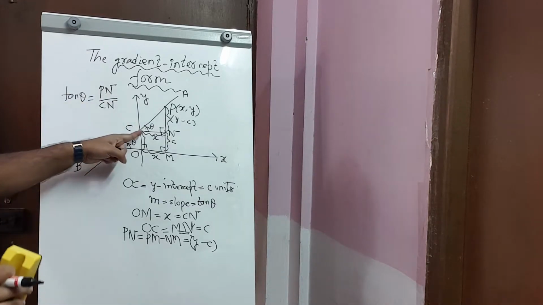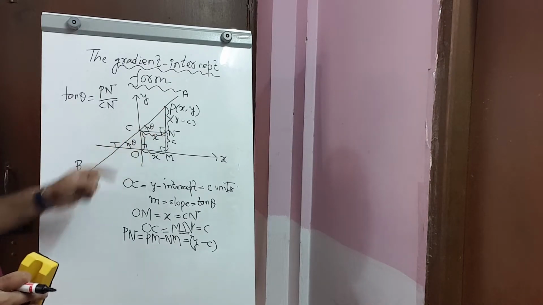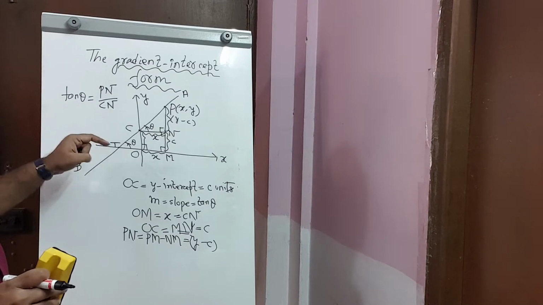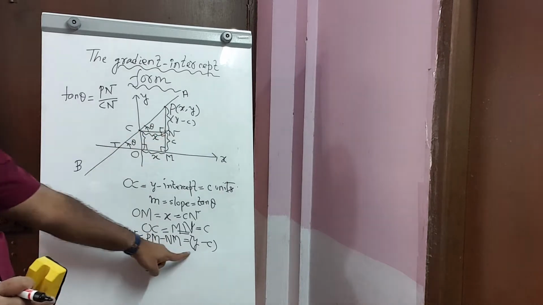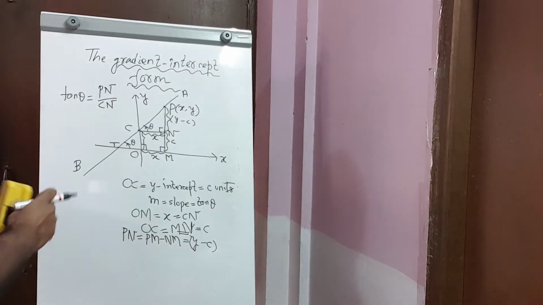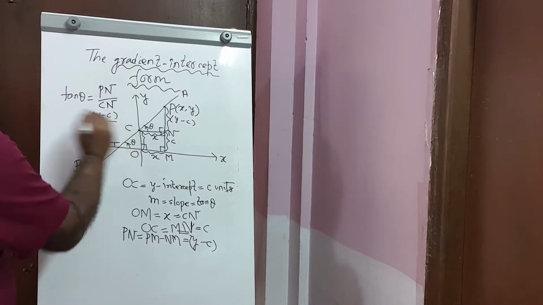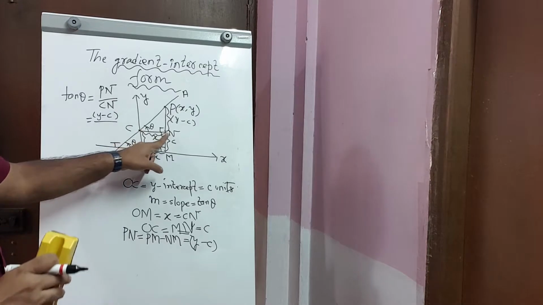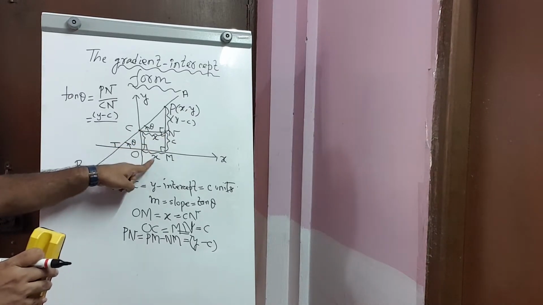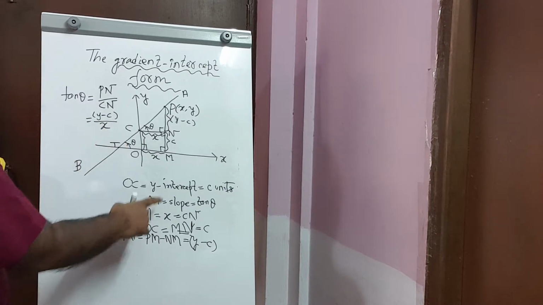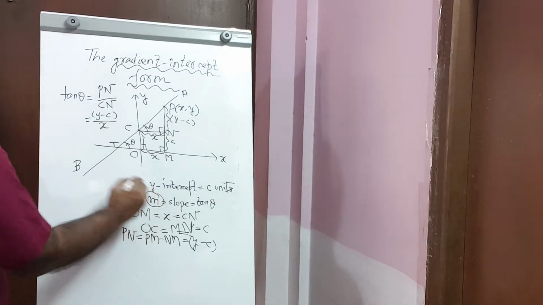The tan ratio is given by the perpendicular upon base. So PN is given by y minus c, divided by CN, which is x, the abscissa of the point P itself. And tan theta is nothing but the slope of the line, m.